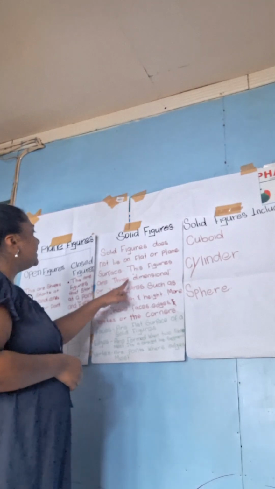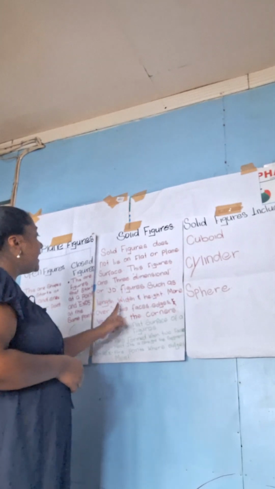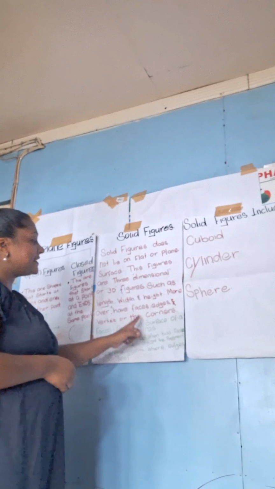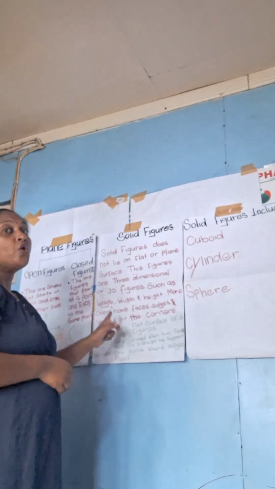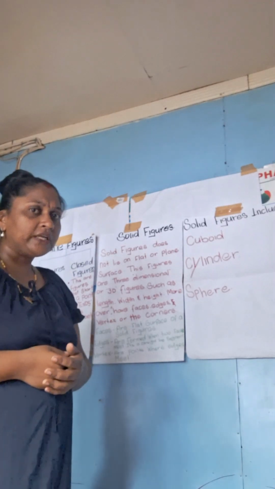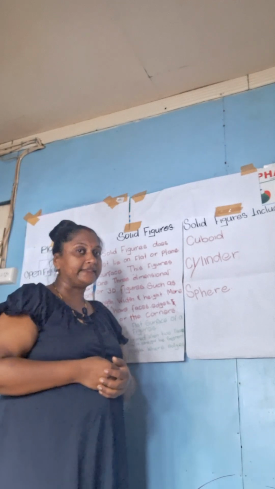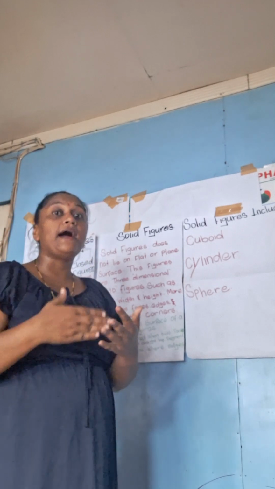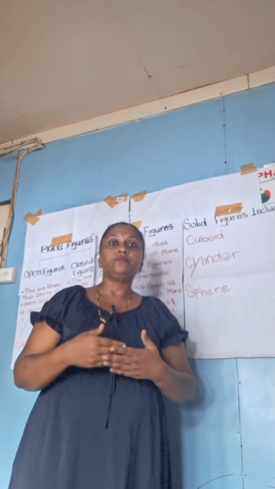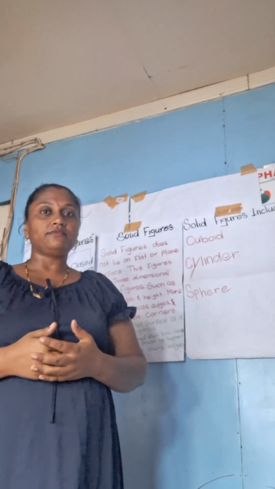These figures are three-dimensional or 3D figures, having length, width and height. Moreover, they have faces, edges and vertices, or the corners. Solid figures are also known as three-dimensional or 3D shapes. They have length, height, width, plus faces, edges and vertices, that is the corners.